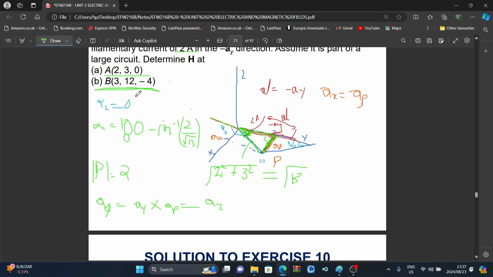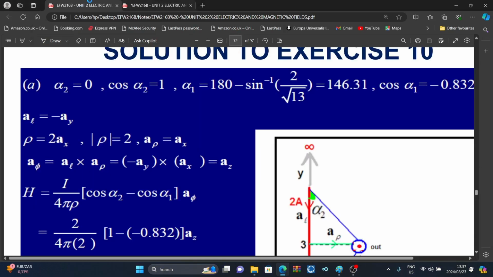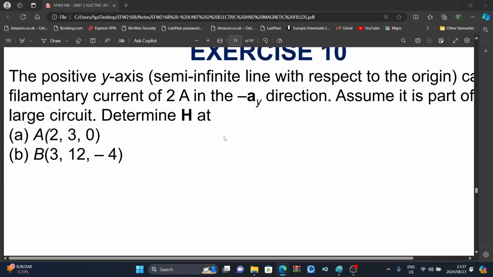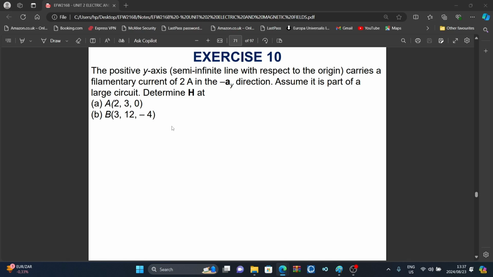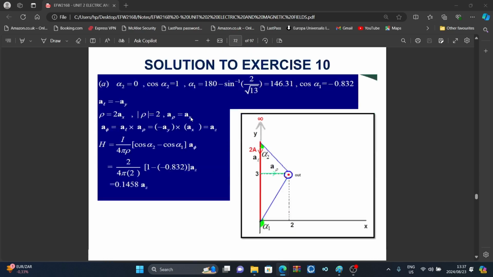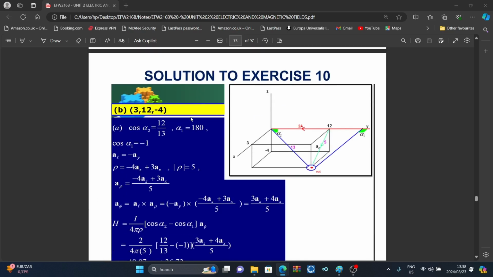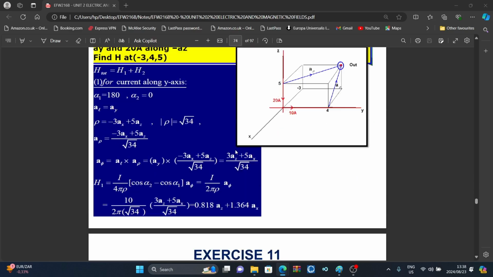So let's do number B. So let me put that there. Number B. I believe if you understand this example number 10, the rest are more or less the same examples.